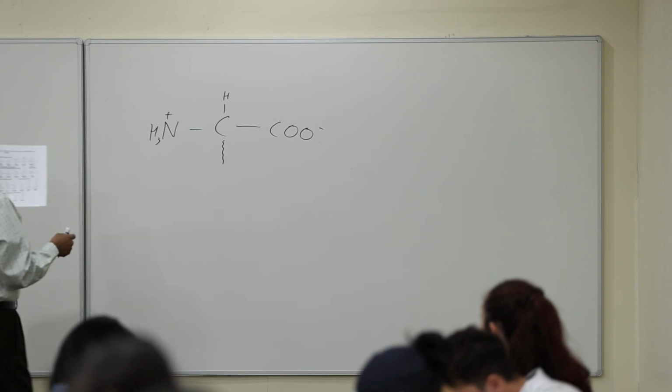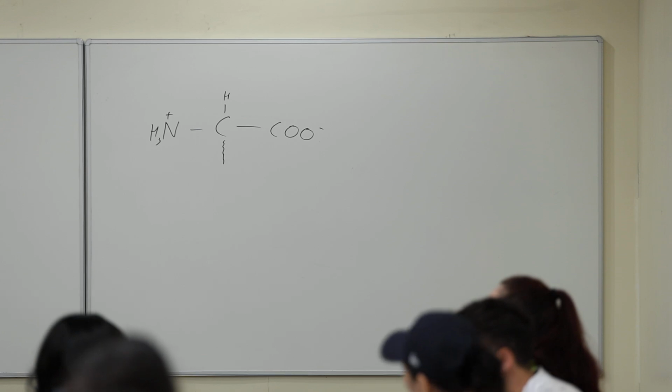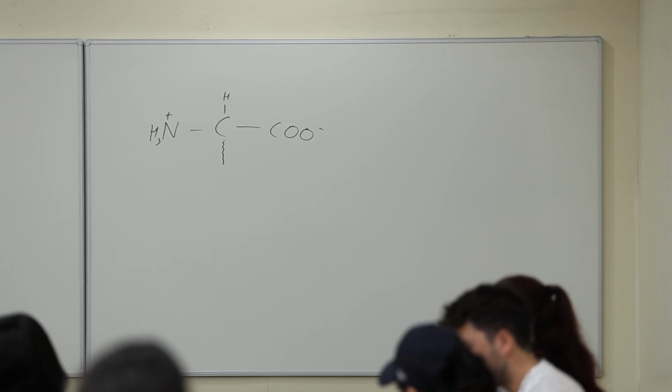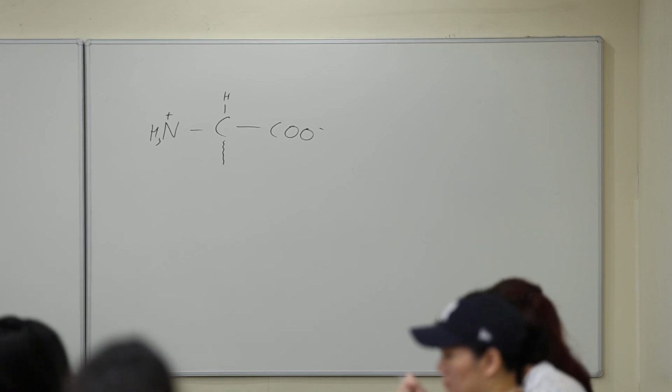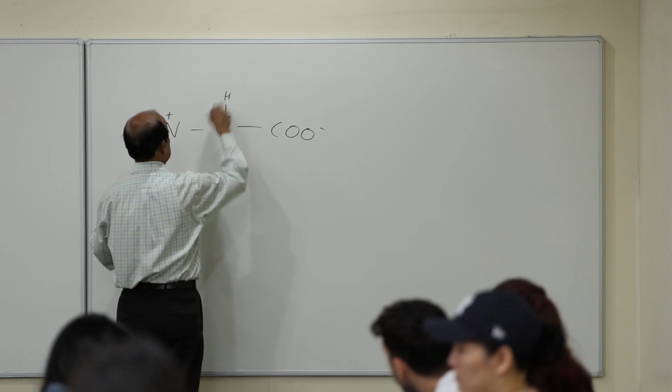So in this, the correct way of writing this is, as I explained last class, the handout that I gave you has the side chain shown here.